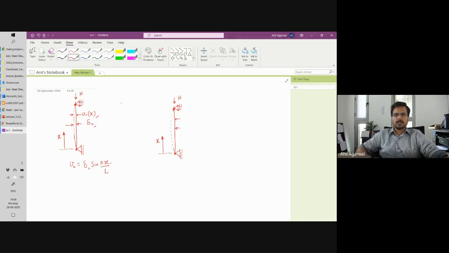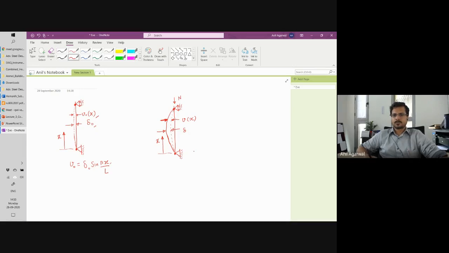Then under the load n, maybe here there was no load n in the beginning, and then you apply some load n, and then it deforms, it deflects like so. Okay. So at this time, I get an additional deflection of v, which is a function of x. Similarly, the maximum value of this v is called delta.